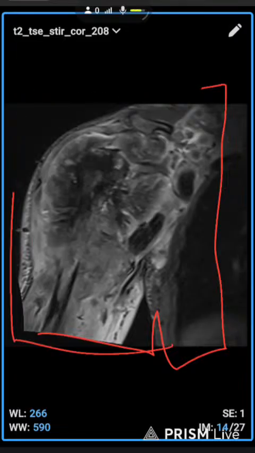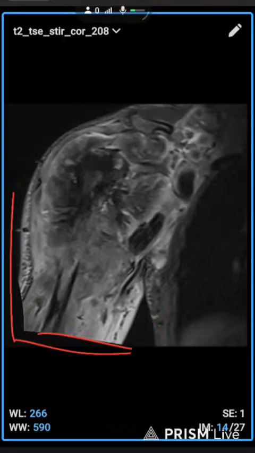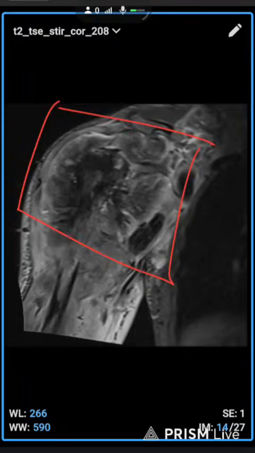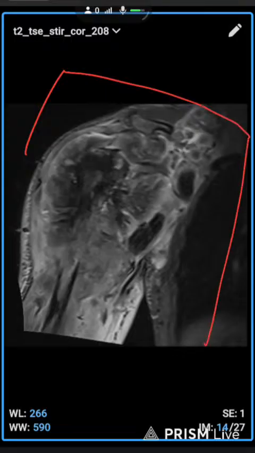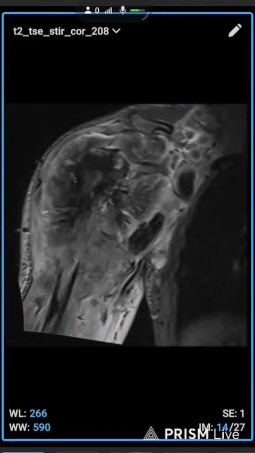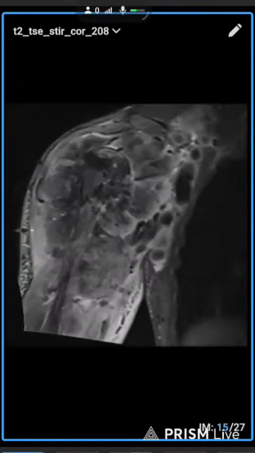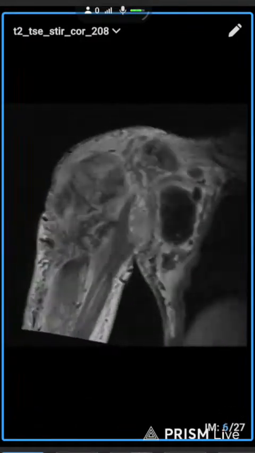In MR there is no single fixed FOV needed for the shoulder joint, because there are lots of patients with different diseases. So we increased the FOV as needed, and according to the sequence we need different values so we get the proper result.